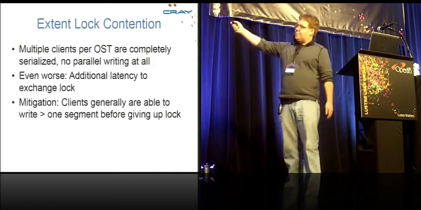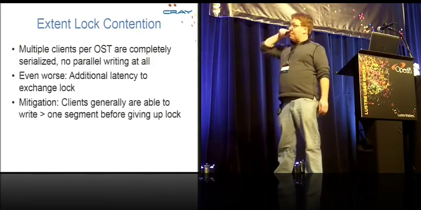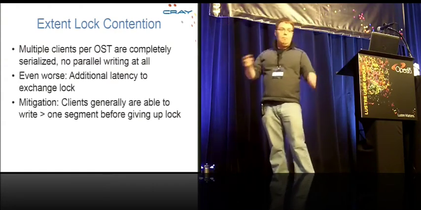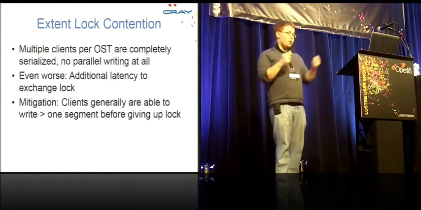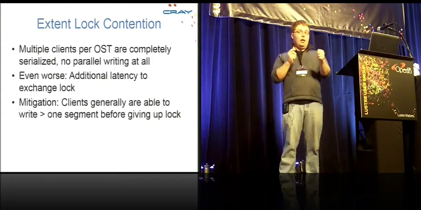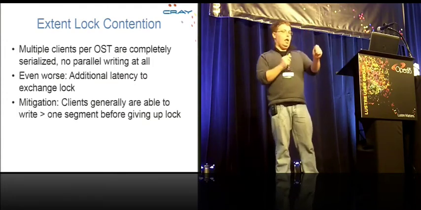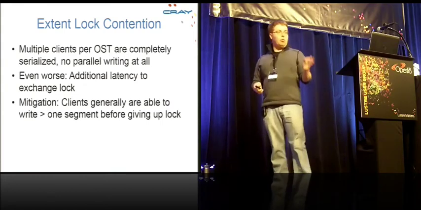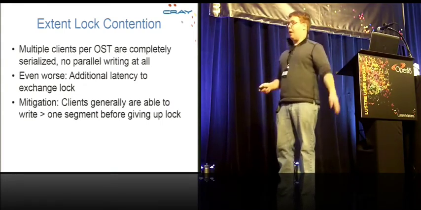So it's not quite as bad as it sounds. It's actually even worse than being serialized, so that's why it's worse than one client, because you spend the extra time getting and exchanging the lock. So you have to go back and forth to the server to hand a lock back and forth. It's even slower than if one client can just get a lock and do the writing.